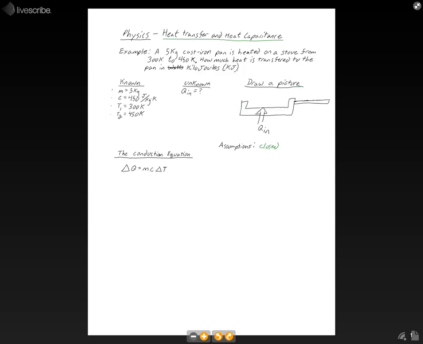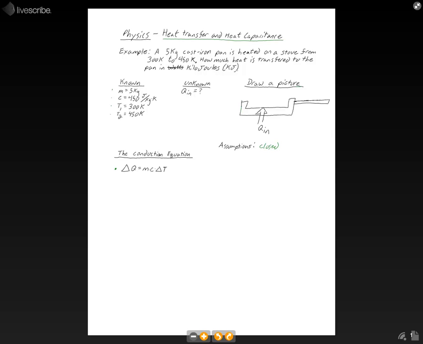So for the basic conduction equation, we have delta Q, so the change in thermal energy, is equal to mass times heat capacitance times the change in temperature.